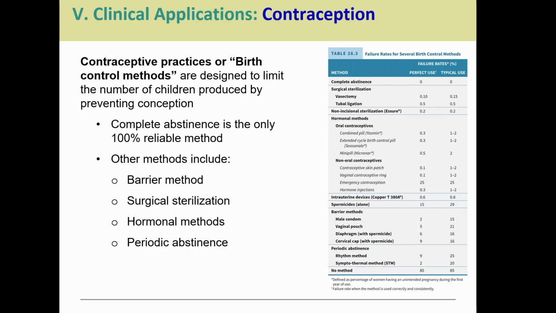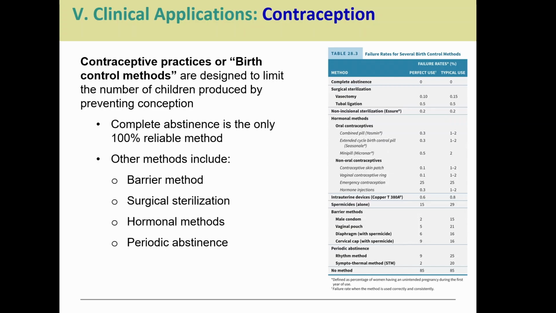There are a couple of things that involve the barrier methods, surgical sterilization, hormonal methods, and what's called periodic abstinence. So if we look at the table here, we have a couple different types. We have complete abstinence, which again, you're never having sex, and so you are not having that type of intercourse, and so you can't get pregnant at all.